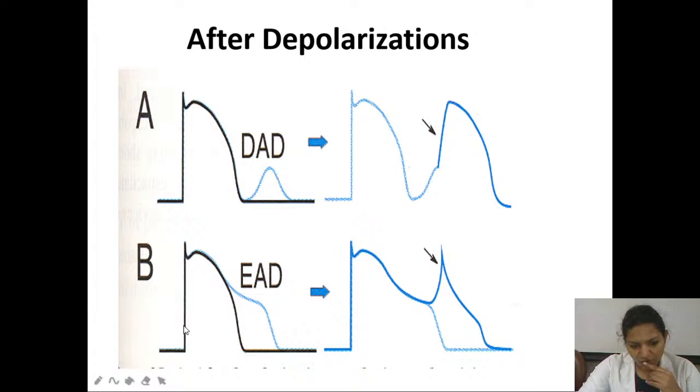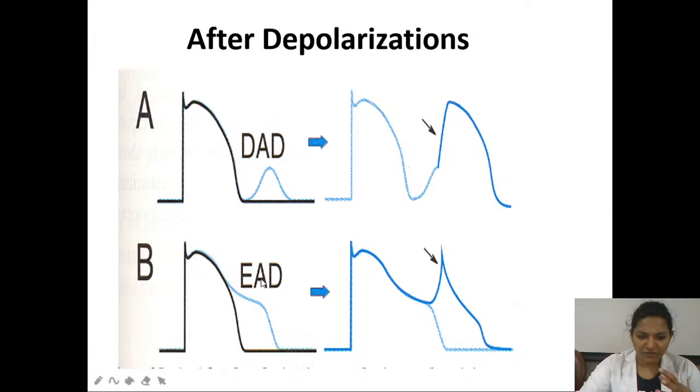See, the duration of the action potential has increased. Secondly, you see phase 3 has been extended. So this is early after depolarization, and you can see that it is not spontaneous, right? For both early and delayed after depolarization, an action potential should already be present. So basically these depolarizations happen after the normal depolarization that occurs, right?